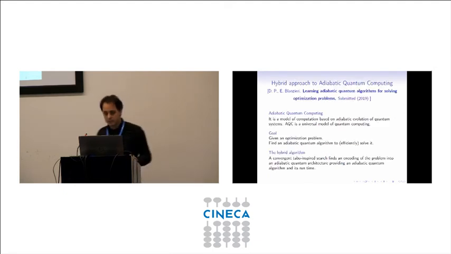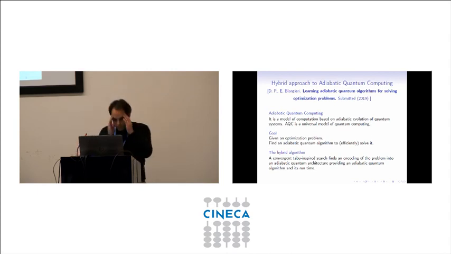Now, this is a preprint, and you can find it on arXiv, and it's an extension of the learning search with a quantum annealer, and we consider an adiabatic quantum computer. It's a universal computer in general, because AQC is a universal model for quantum computation, and the goal of the adiabatic quantum computing learning search is, given an optimization problem, to have a hybrid procedure to find an adiabatic quantum algorithm to efficiently solve it.